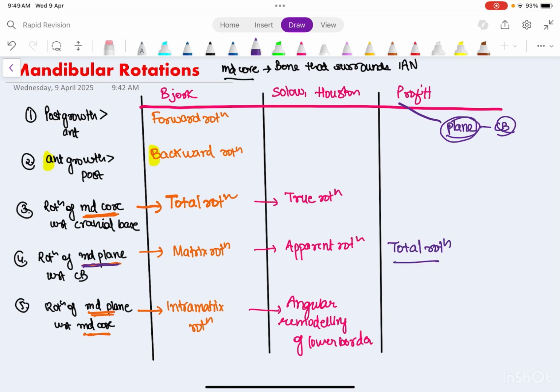Then he said that if you're comparing the core to the cranial base, you are just doing the comparison of an internal rotation, and if you're comparing a mandibular plane to the mandibular core, then you are seeing external rotation, right?